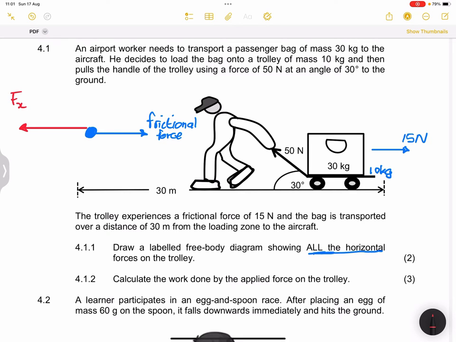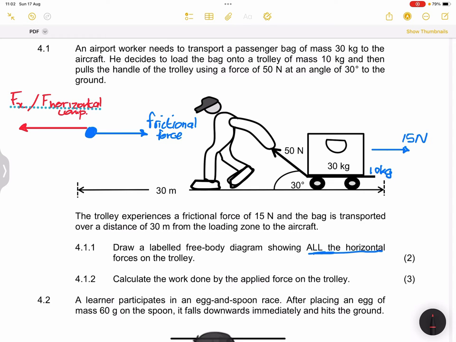We can call it Fx, which is F horizontal component. That's the horizontal component of our applied force. So those are the two forces that are acting.